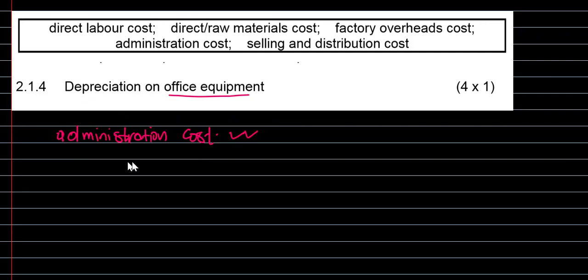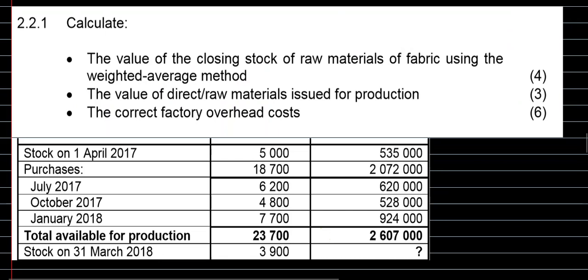Now let us go to our second question that has to do with calculations. Here is our question, we need to use our calculator now. The question says calculate the following. We are being asked to use the weighted average method to find the value of the closing stock of raw materials of fabric.